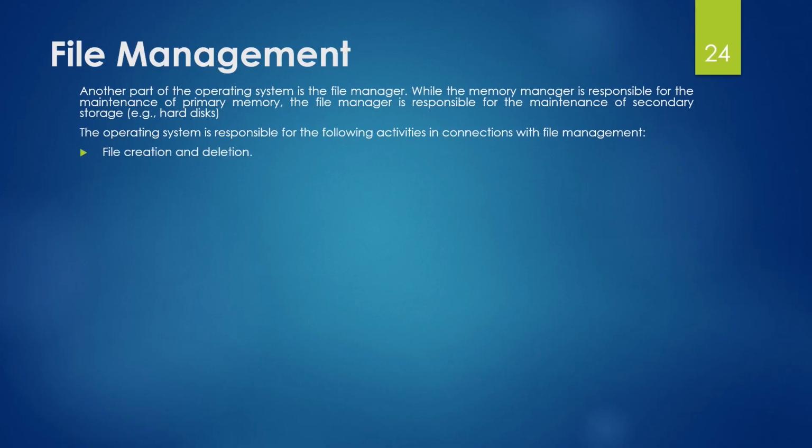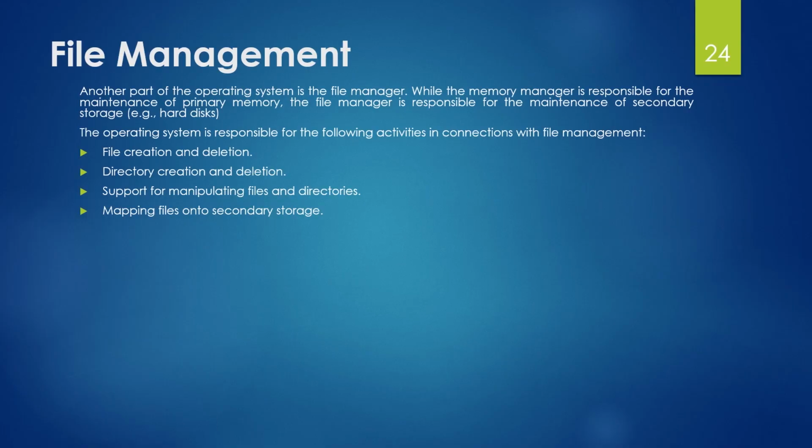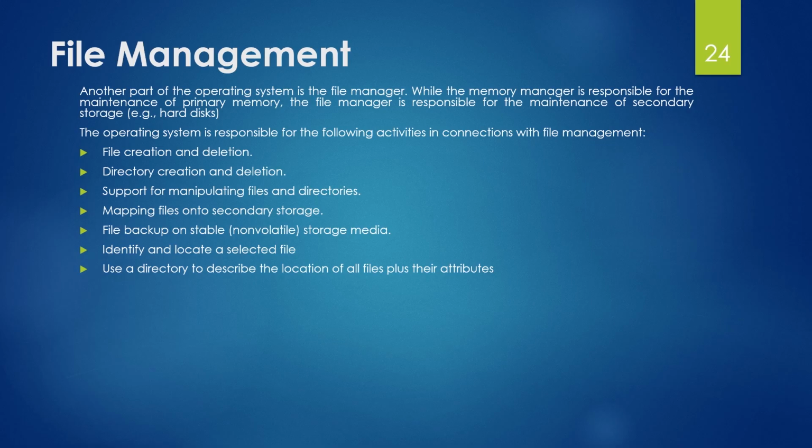We have file creation and deletion, directory creation and deletion, support for manipulating files and directories, mapping files onto secondary storage, file backup on a stable non-volatile storage media, identify and locate a selected file, use a directory to describe the location of all files plus their attributes.